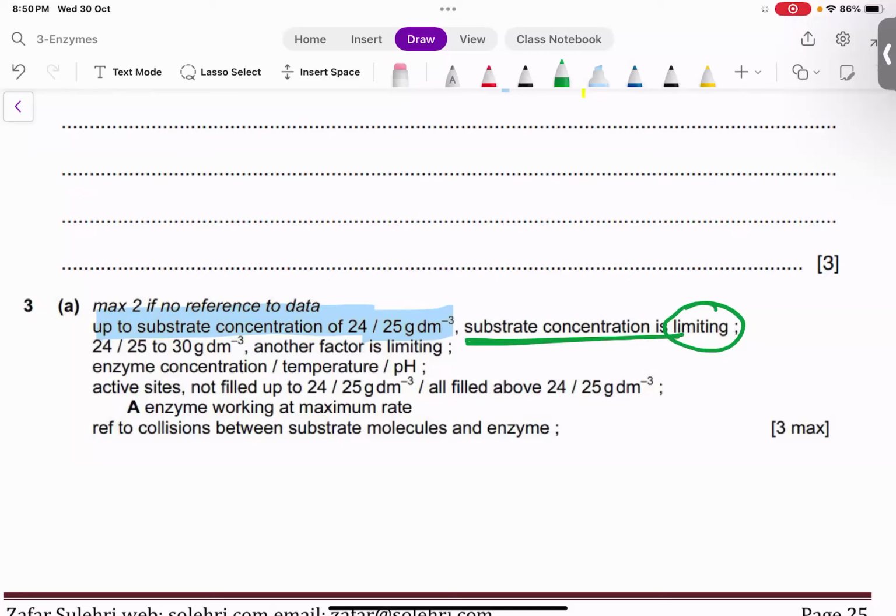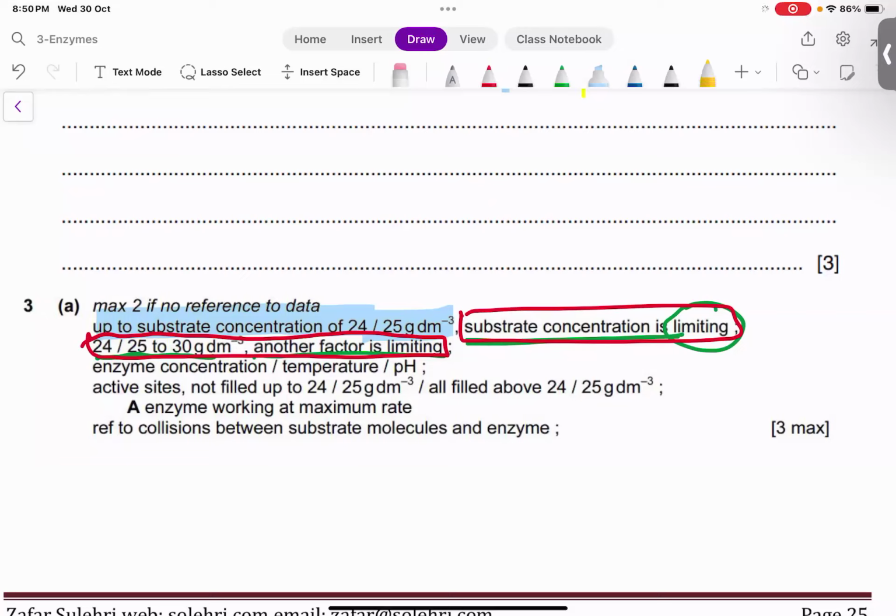You can use it in your answer, but as I said, this is not part of AS. This we will do in A2. From 24 or 25 to 30, substrate concentration is not a limiting factor. Something else is the limiting factor. Even if you do not know the limiting factor concept in AS, that's okay. But if you know it, you can explain this graph on the basis of limiting factor.